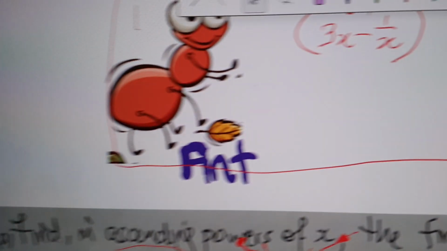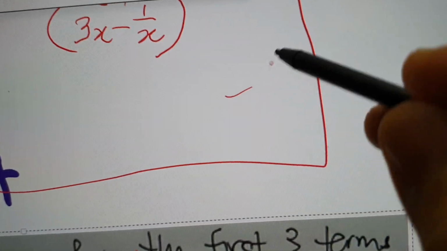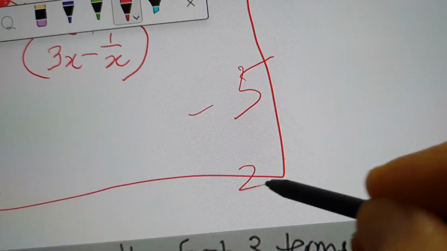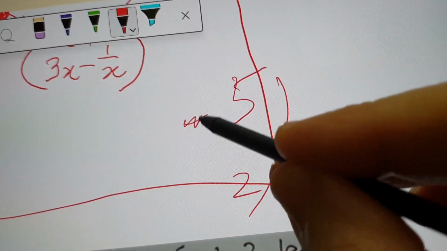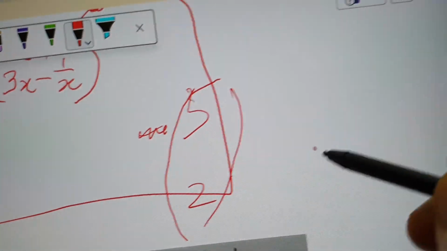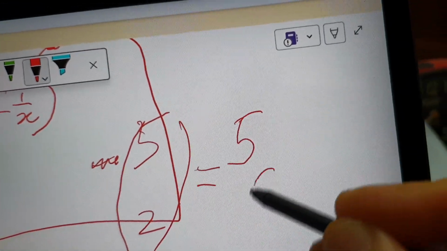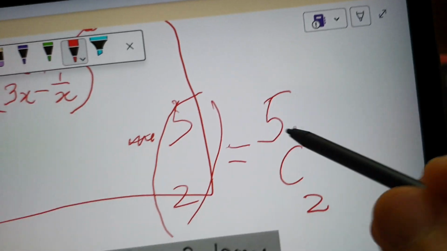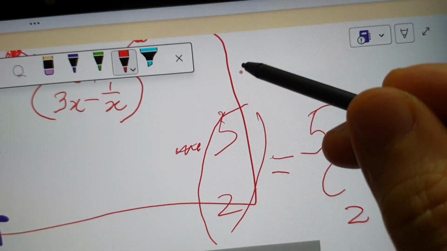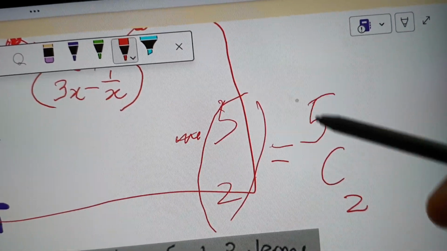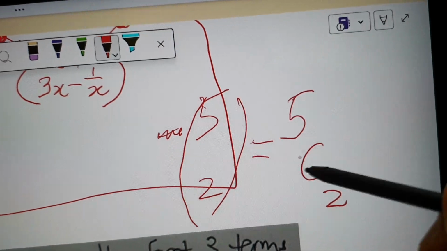So let me just run through a bit here. If I want 5, then bracket 2, this actually means the same thing as 5 choose 2. Last time there was this topic called permutations and combinations. You will be using that in JC.